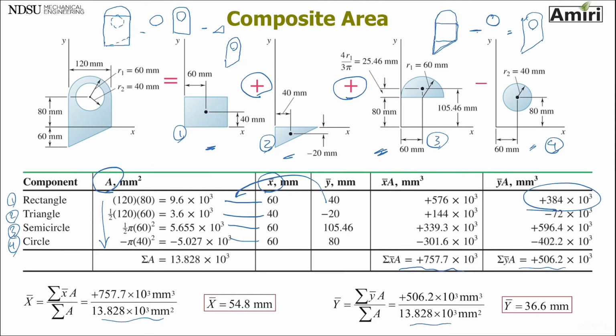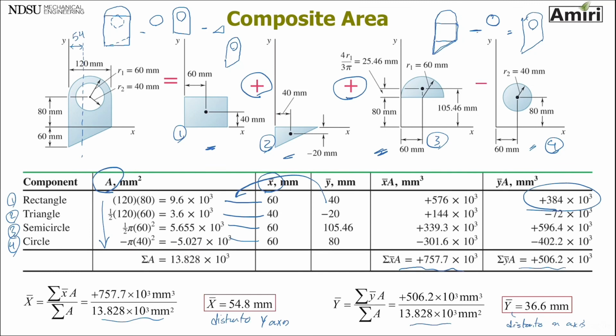X bar, distance to the y axis, remember. So the distance to y is 54. The width is 120, so this center is at 60, so a little bit less than 60. Okay, this distance here, 54 something, 55. Y bar is the distance to the x axis. It's at 30, let's call it 37.